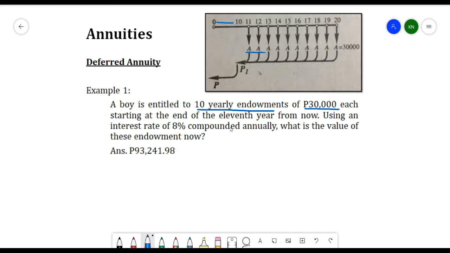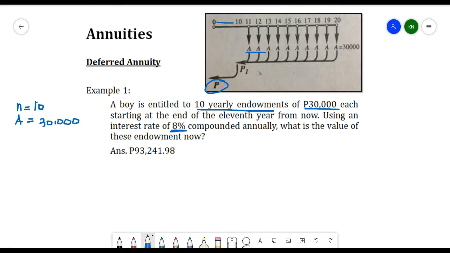Using an interest rate of 8% compounded annually, what is the value of this endowment now? We are looking for P. From the example, N is our number of payments, which is 10, and the annual payment is 30,000.